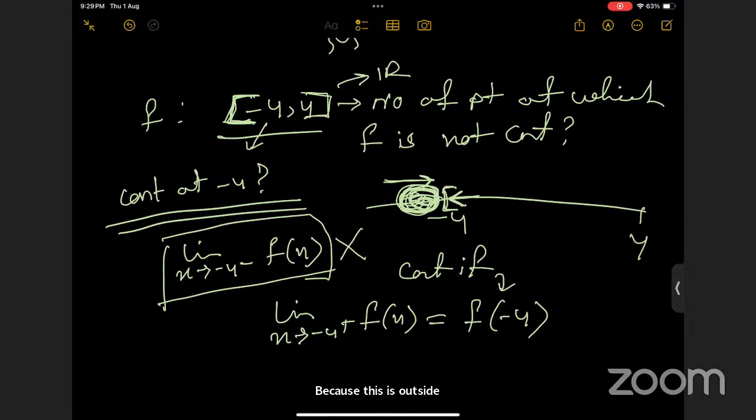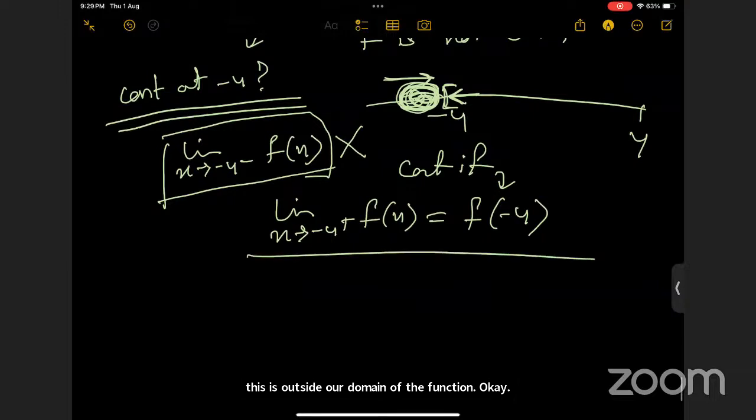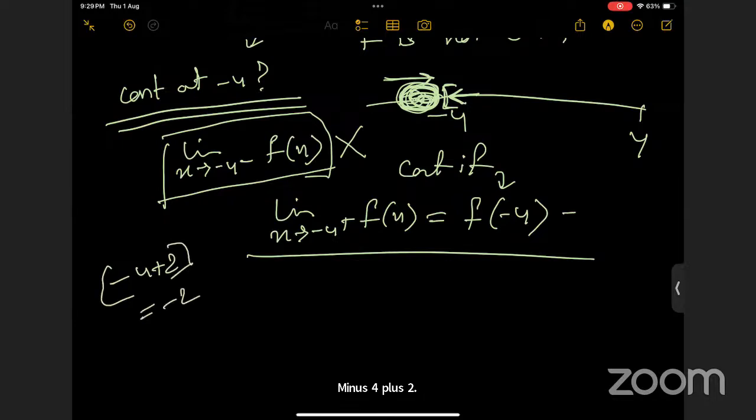Okay. So it is equal, right? At this point it will be -4 plus 2, that means it will be -2 for both the cases, right? So at -4, the function is continuous.